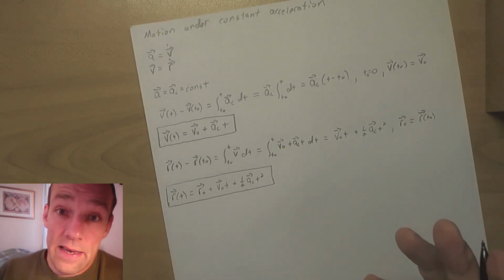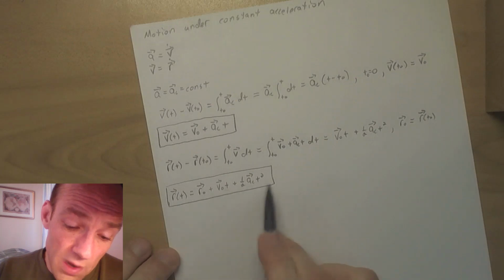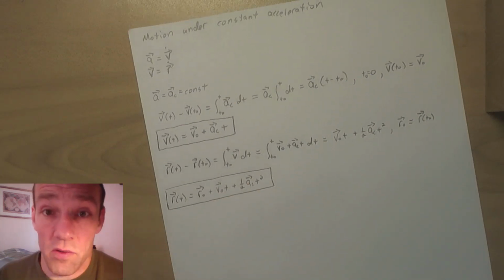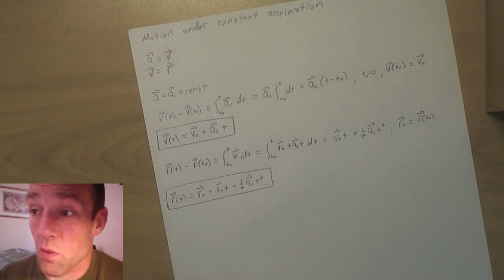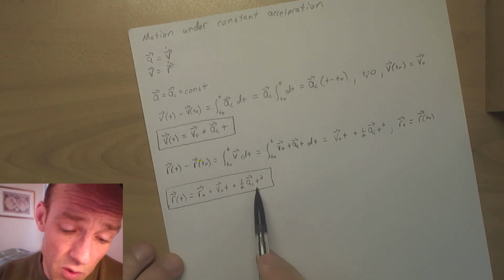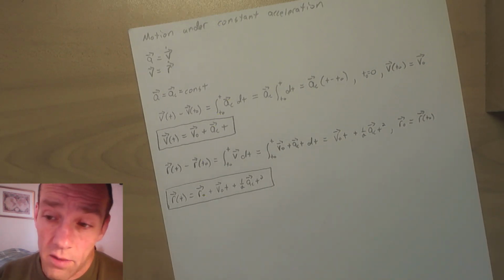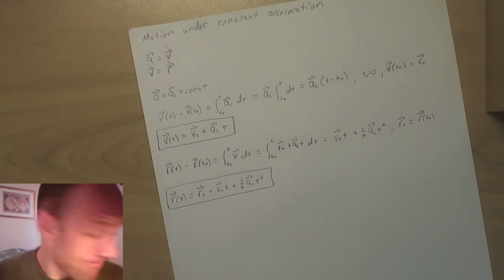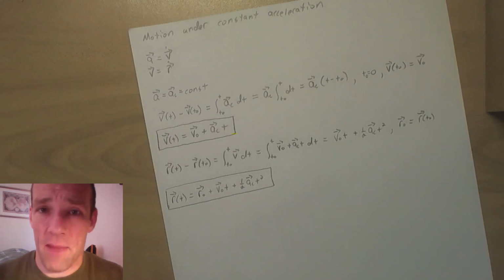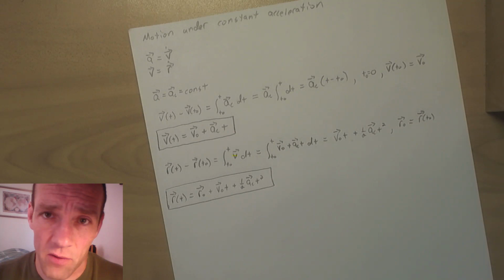Sometimes you would like to eliminate time from the equation. Say, an example that's going to come up in a second: you would like to know how far a projectile goes, and you're more interested in the path. You'd like a parameterization in terms of the path, and you're not really interested in time, for instance.